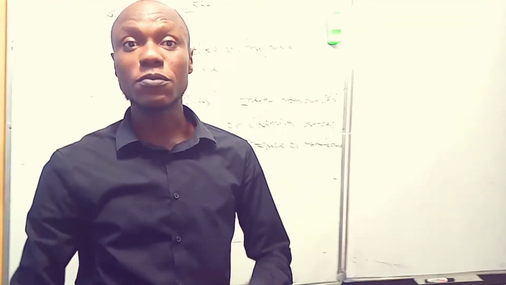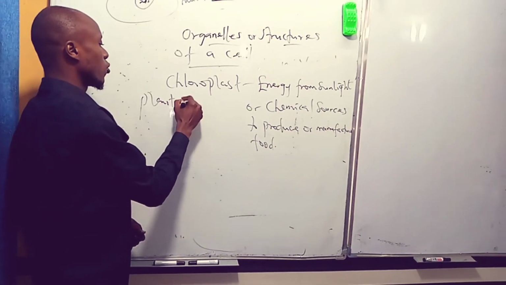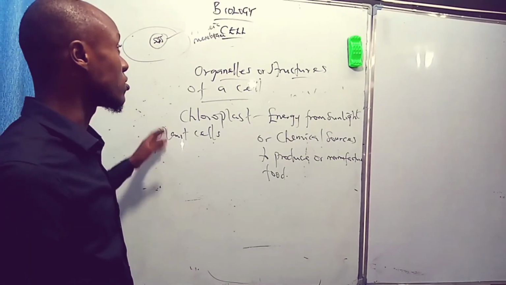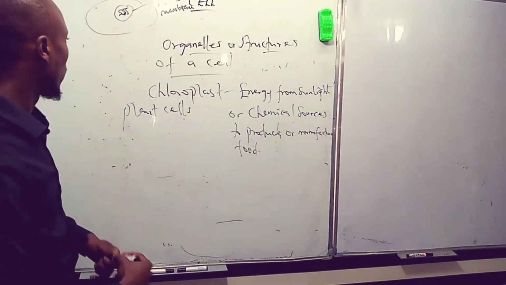The chloroplast is mostly found in plant cells. Mostly found in what? Plant cells. In other topics, we'll be talking about plant cells and animal cells, differentiating them for us to what? To know them very well.